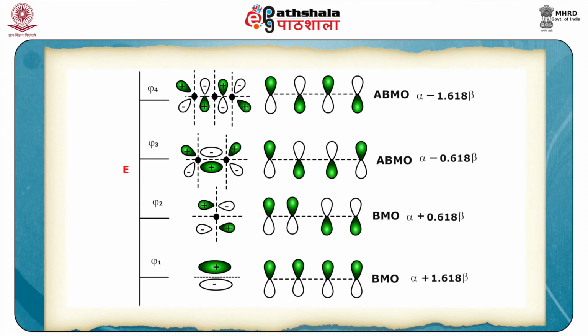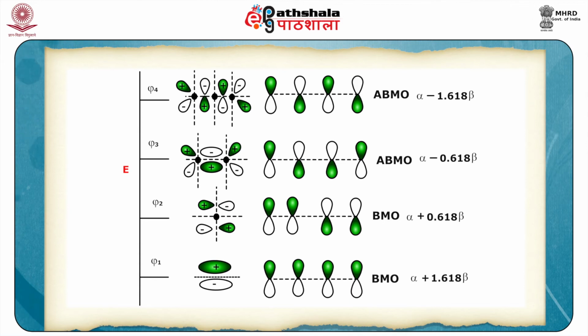You can see at the bottom we have Phi1, where the corresponding energy was alpha plus 1.61 beta, and you can see all the coefficients are positive. Therefore, you can see there is no node here. Above the plane we have positive and below negative, because all the coefficients in this molecular orbital were positive.